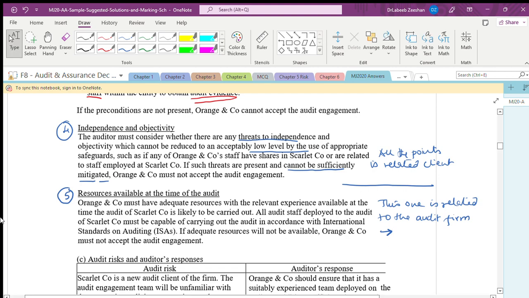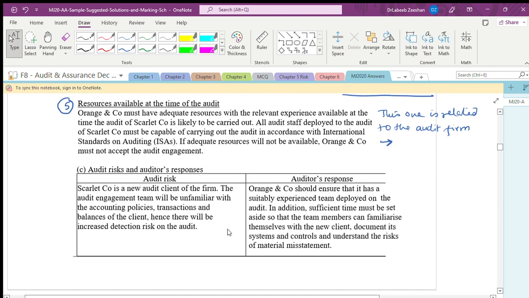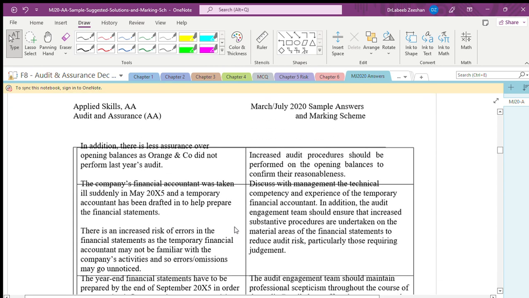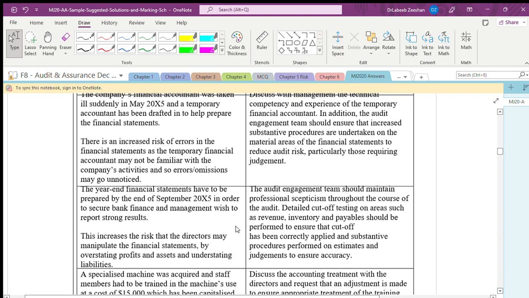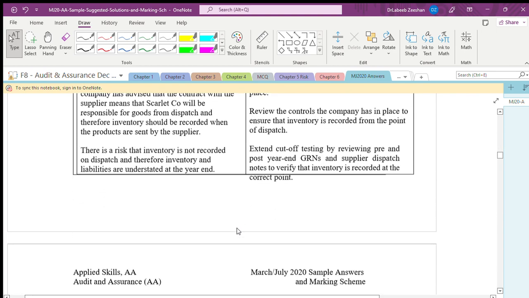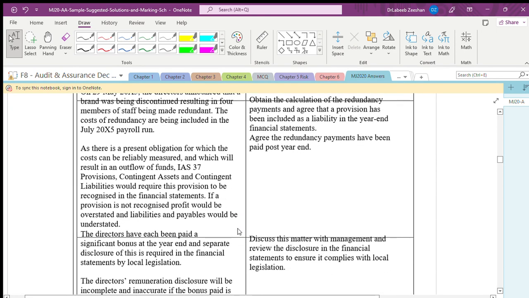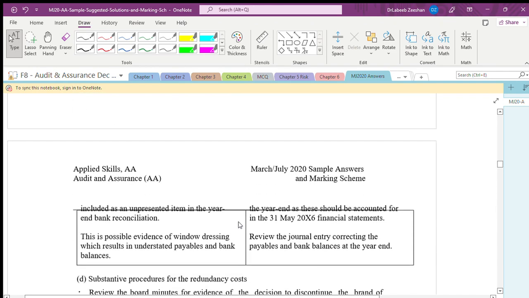Now they are talking about the audit risk and audit response. We will cover this, and we'll go through that one question. Is it clear about this?